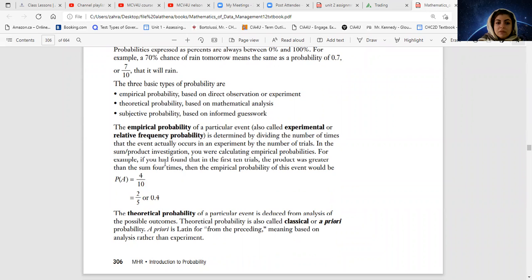For example, if you found that in the first 10 trials the product was greater than the sum 4 times, then the empirical probability of the event would be 4 over 10.